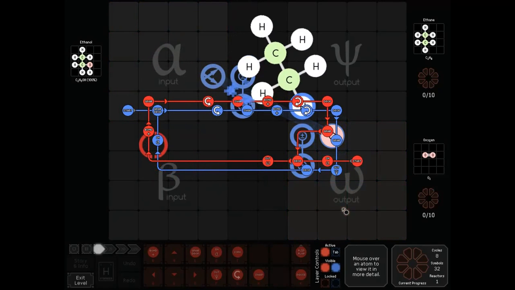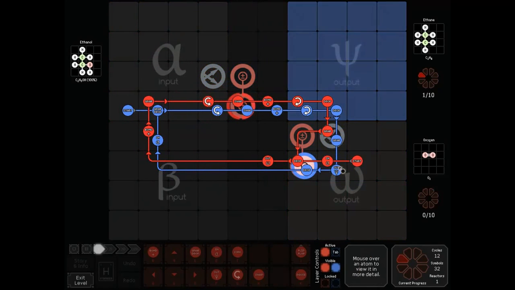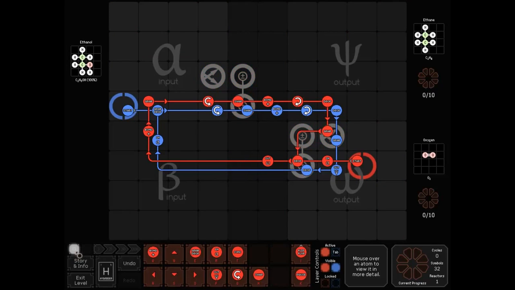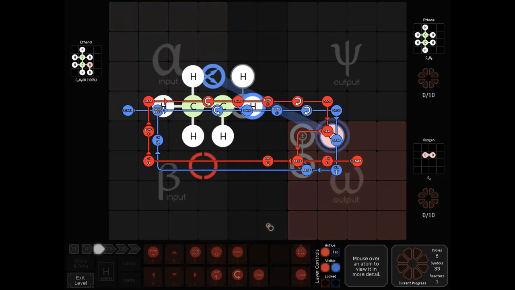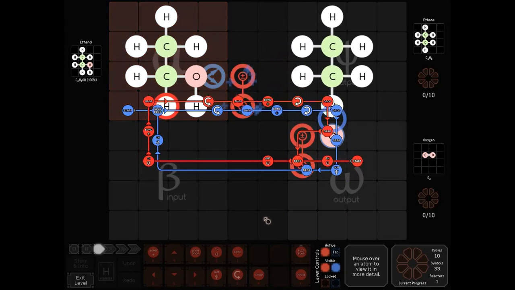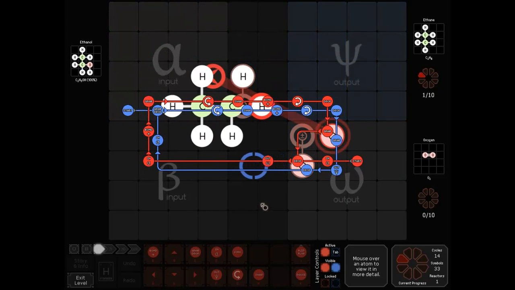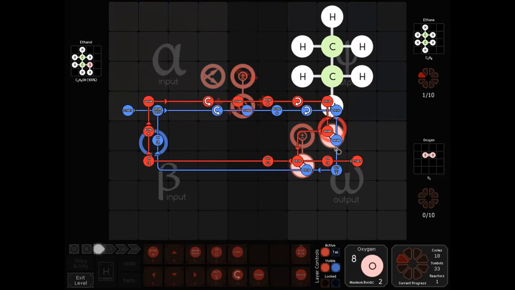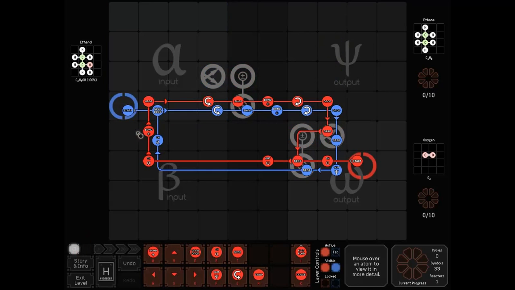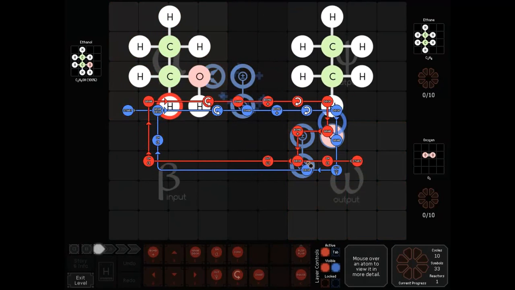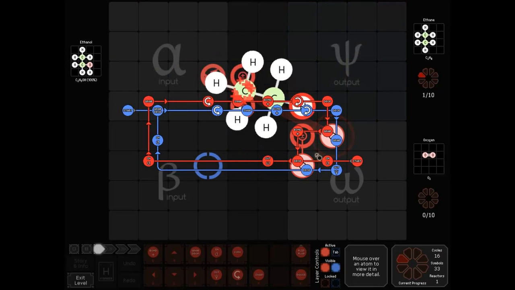Now we just watch this and see if anything breaks. It broke because red didn't actually input anything. Grab that. Oh, it needed to double bond. This isn't as easy as I thought it would be.